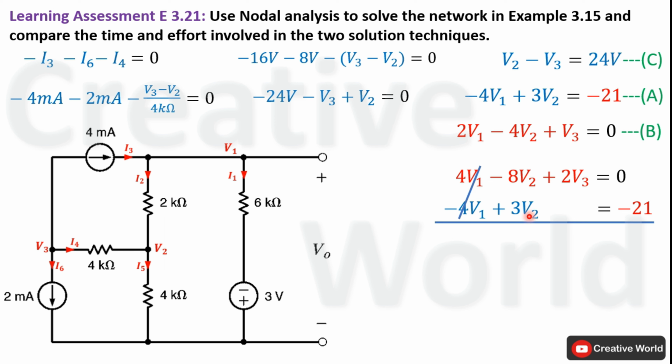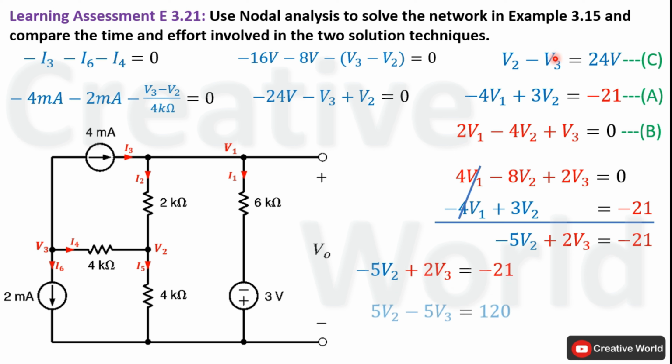The sum of 3V2 and minus 8V2 will become minus 5V2 plus 2V3 equal to minus 21.